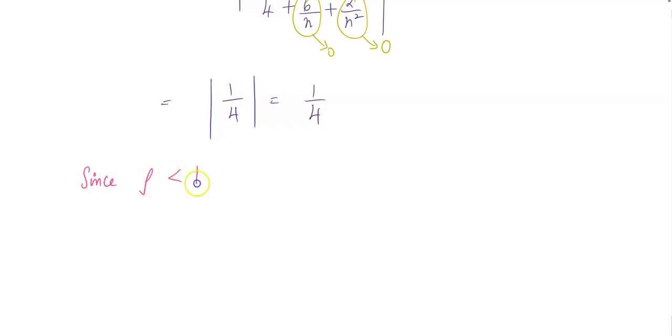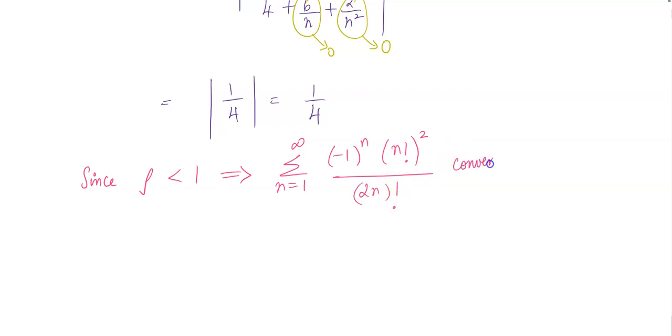Since rho is less than 1, it implies the original series converges absolutely.